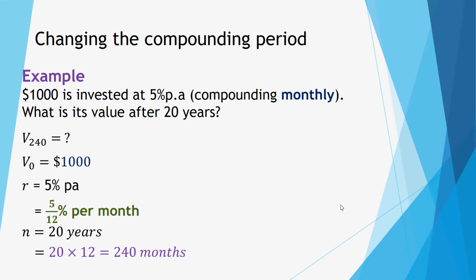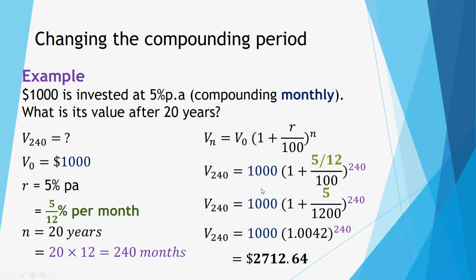Let's repeat this equation, looking at what happens when we compound it monthly. So there's 12 months per year, so after 20 years that represents 240 months. So we want to know what is the value of our investment after 240 months. Our rate is 5%, however we want to do it monthly, so it's 5 divided by 12 as there's 12 months in the year.